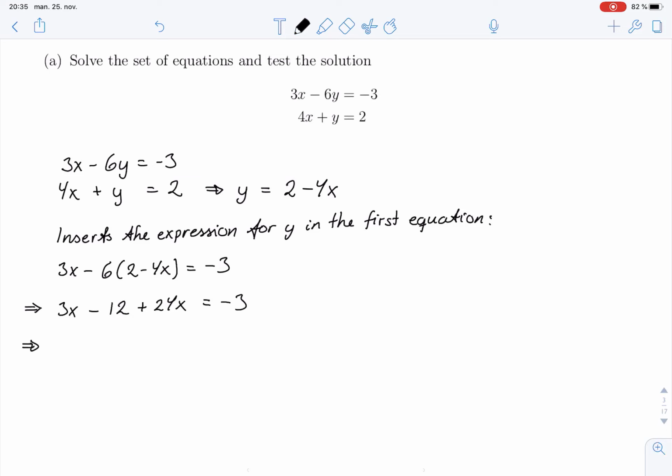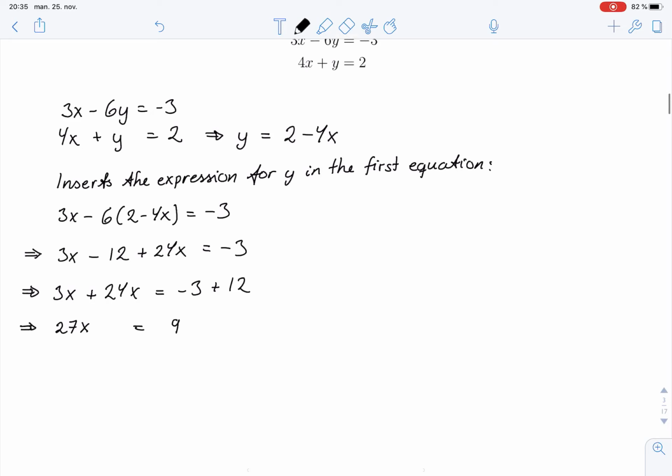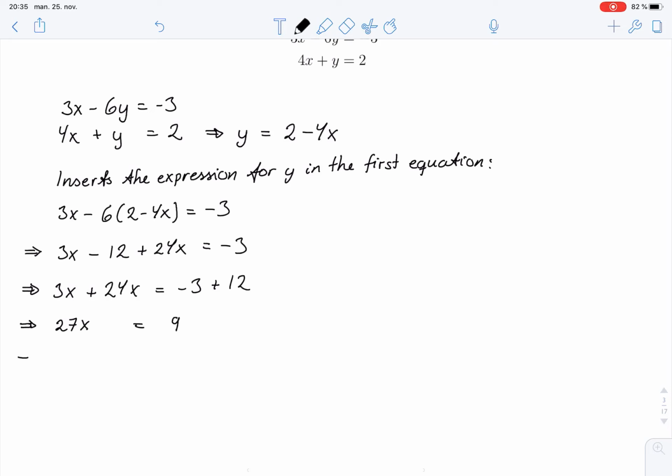Then we keep everything with x in it on one side and move everything else to the other side. We now have 27 x's equal to 9, which basically gives us x equal to 9/27, or 1/3.